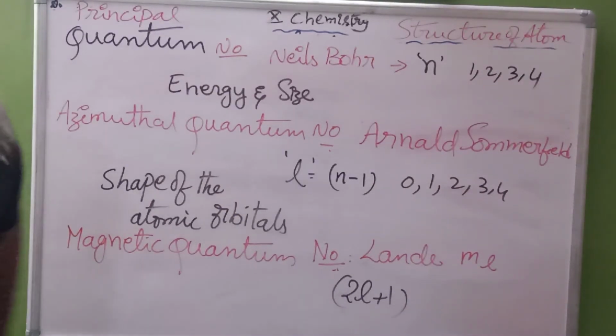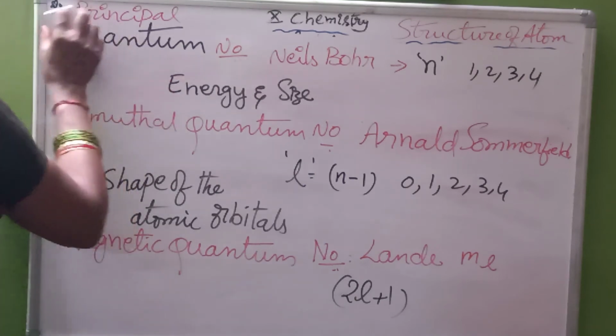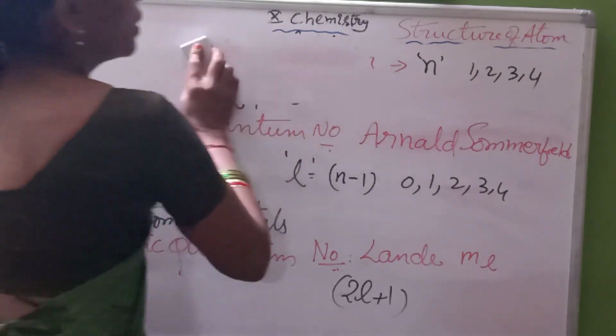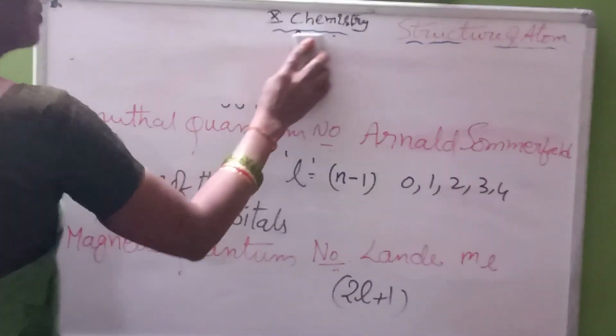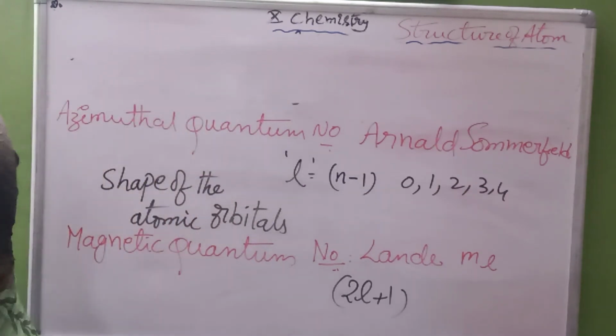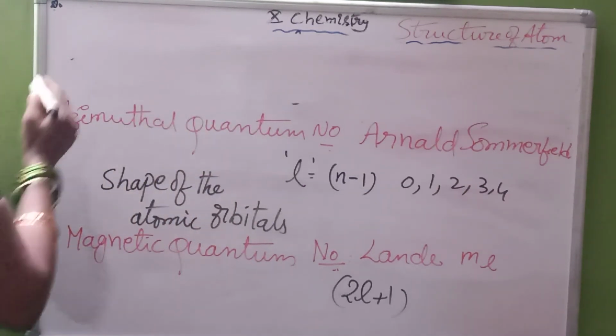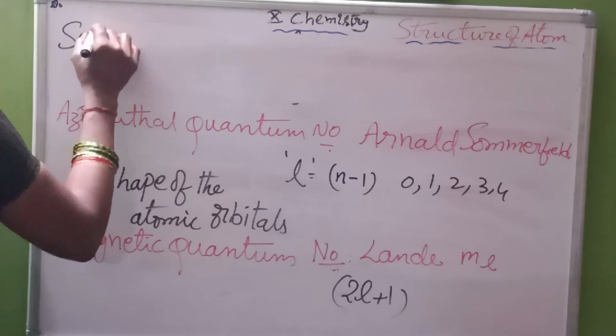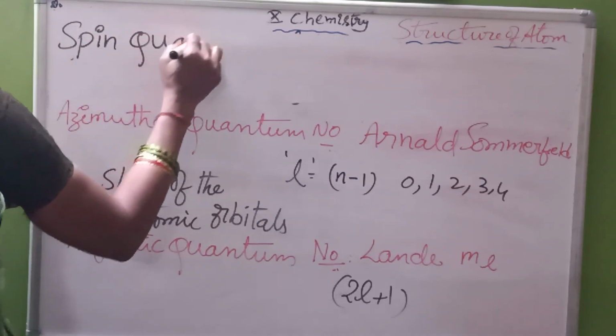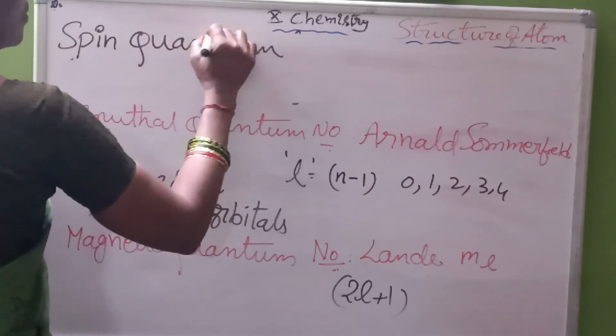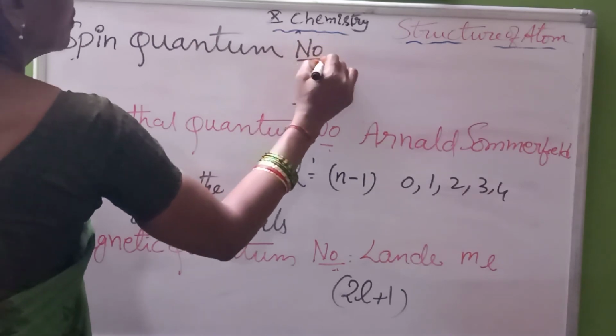The fourth quantum number is the spin quantum number.